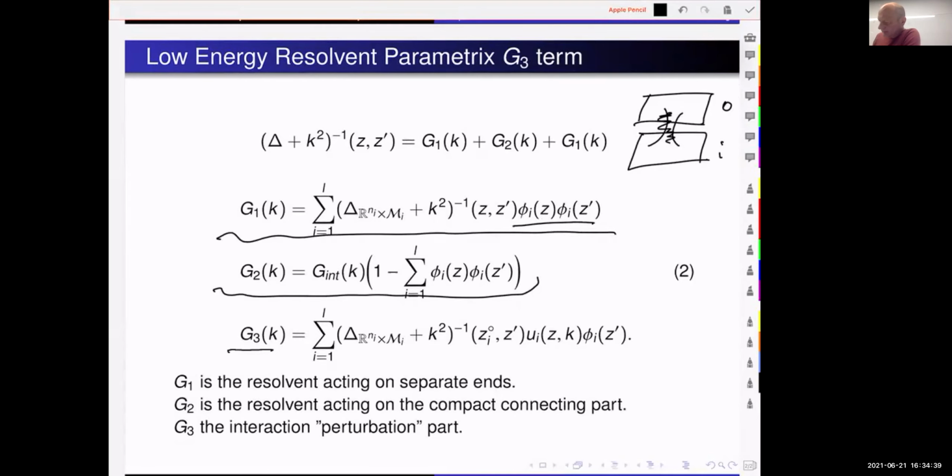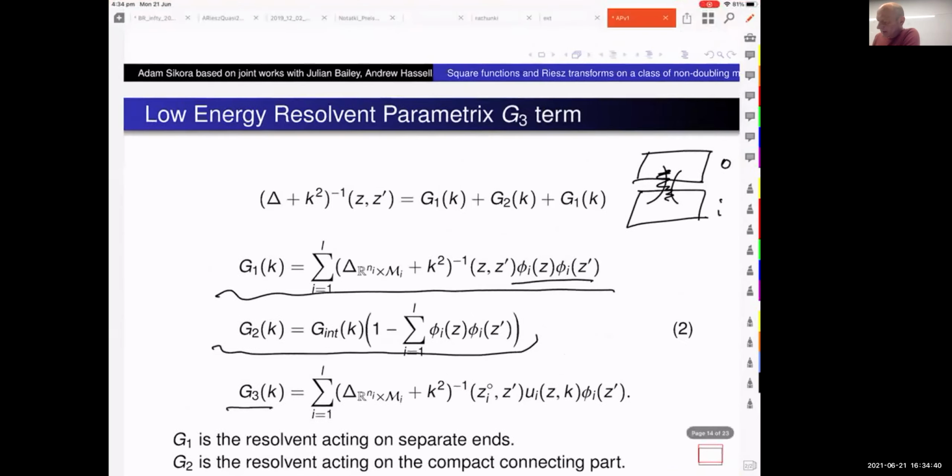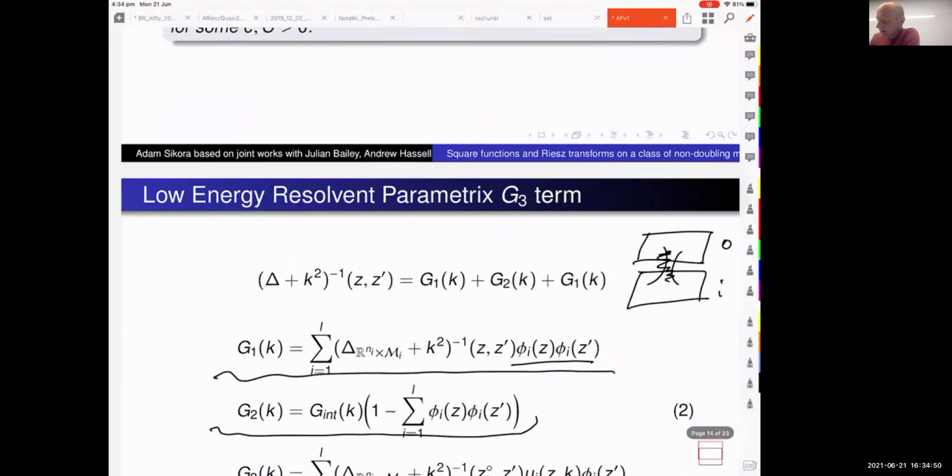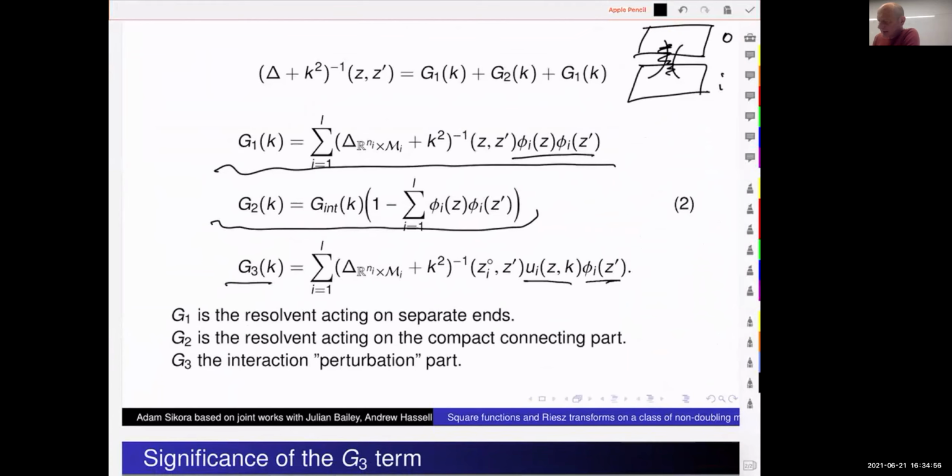And actually, this term can be described using this lemma. So this function u here, this resolvent applied to v, is something which we have here, again with some cutoff functions. And here we've got resolvents, but this resolvent is a standard resolvent on Rn.